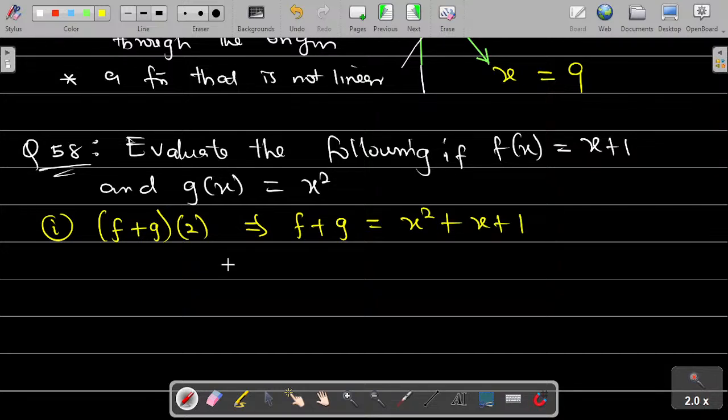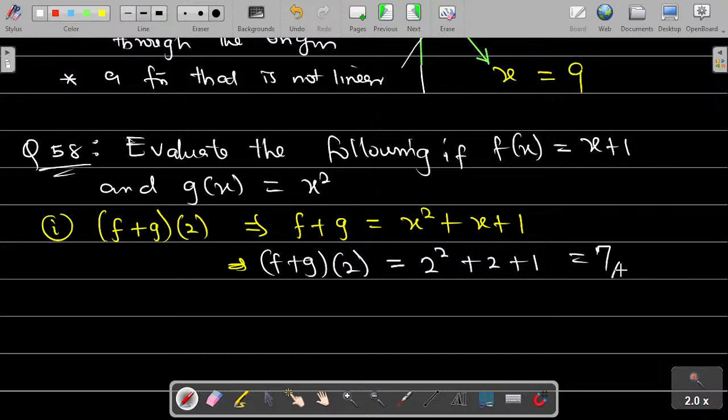So if we now want to get our f plus g of 2, that means we want to substitute x as 2. That will be equal to 2 squared plus 2 plus 1. 2 squared is 4, plus 2 is 6, plus 1 will give us 7. And that's the solution to that.